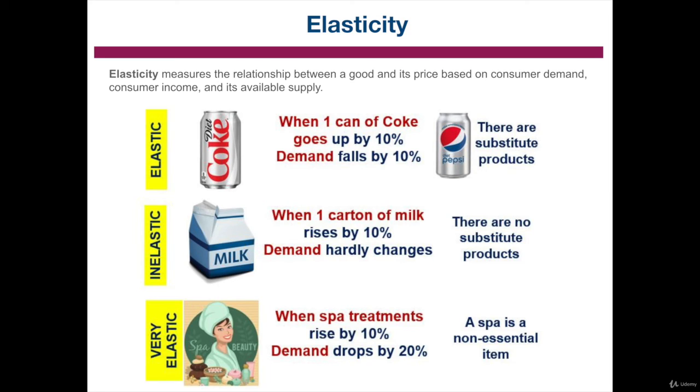For example, Coca-Cola is elastic, and if the price goes up by 10%, the demand will likely go down by 10%. There are many factors that determine changes in demand, and it could be substitute products, the income level of the consumers, and whether the product is a daily necessity, which will determine the consumer's decision to buy or not to buy the product.